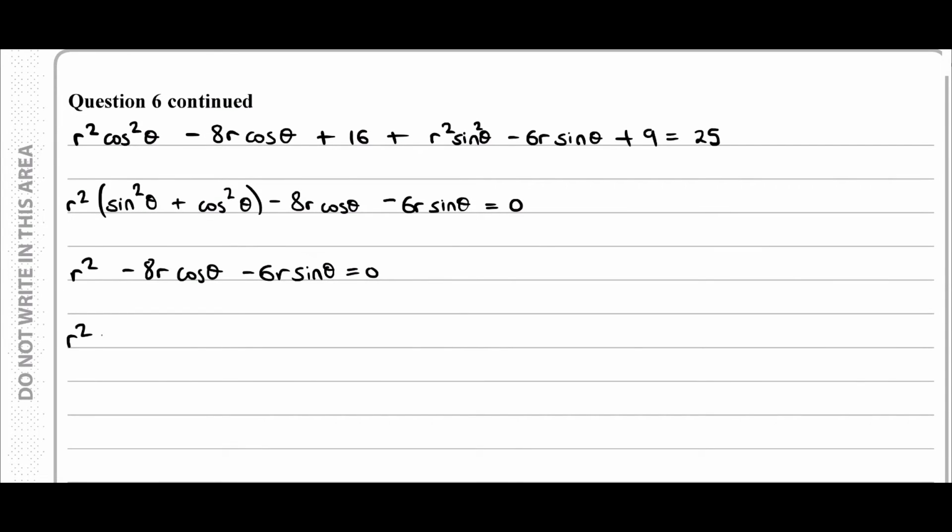R squared is equal to 8r cos theta plus 6r sin theta. And if I divide through by r, r is equal to 8 cos theta plus 6 sin theta. So hopefully that makes sense.